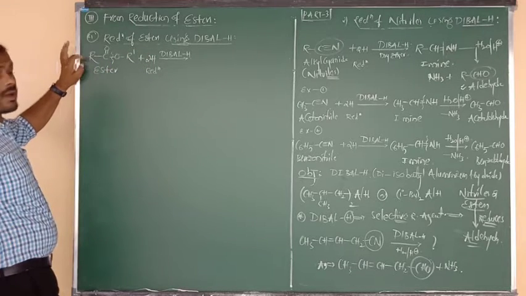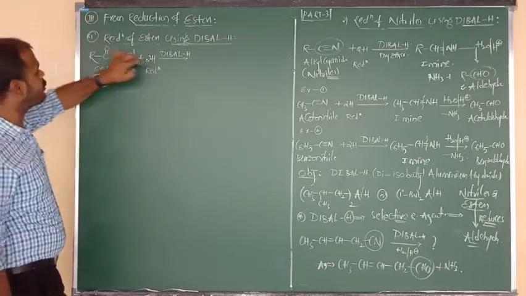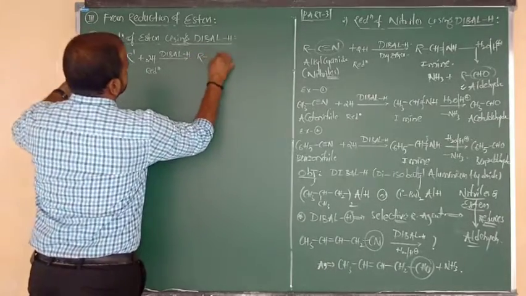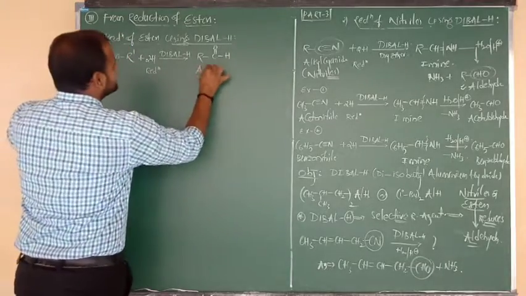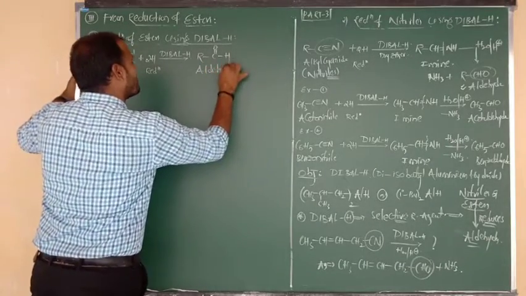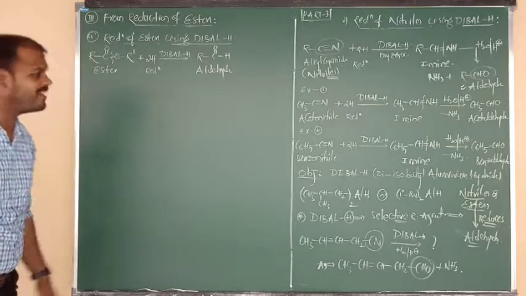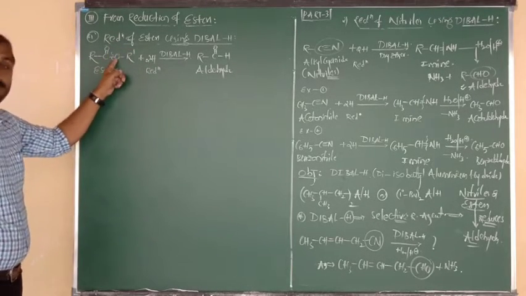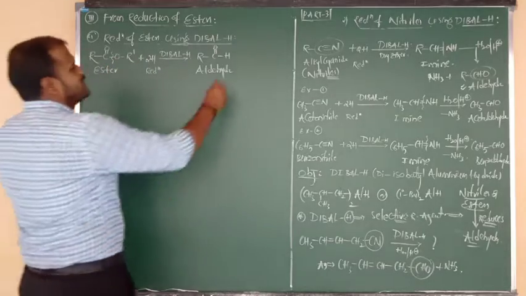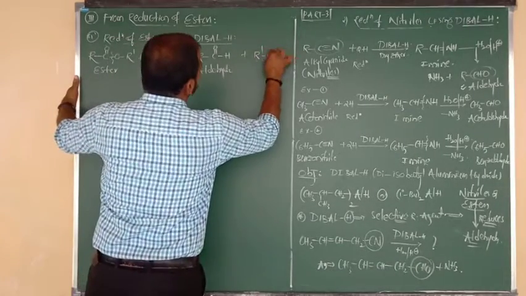So what is the first part? RC=O attacked by H. Reduction was over, so R-C double bond O-H. What is the name of this compound? Aldehyde. Preparation was over. And one more H atom is given to the other part, R prime O minus attacked by H plus. So simply we can say R'OH.